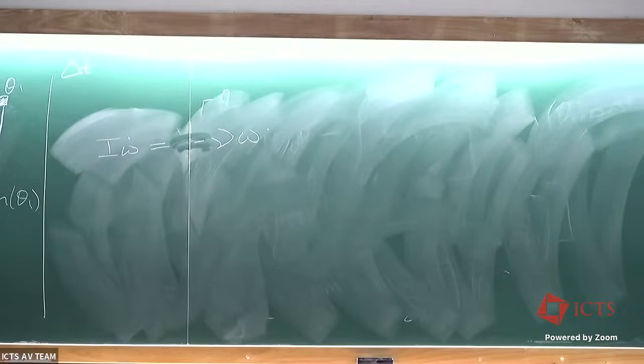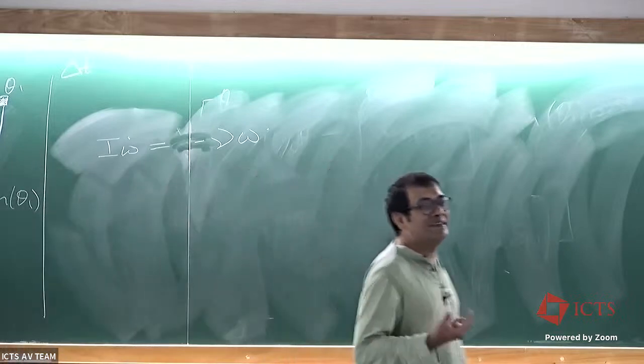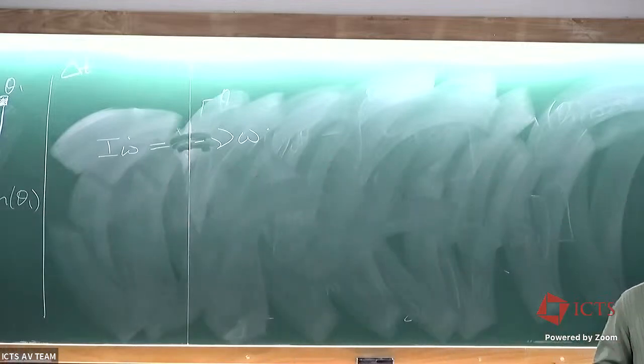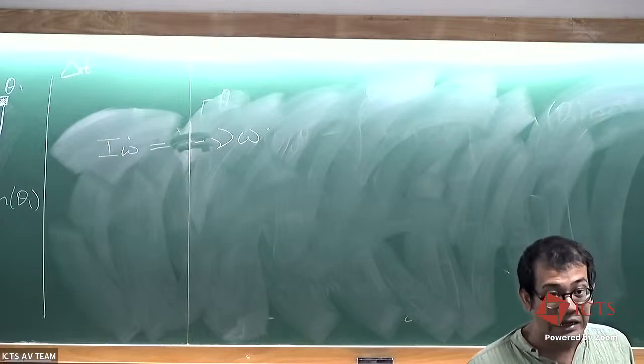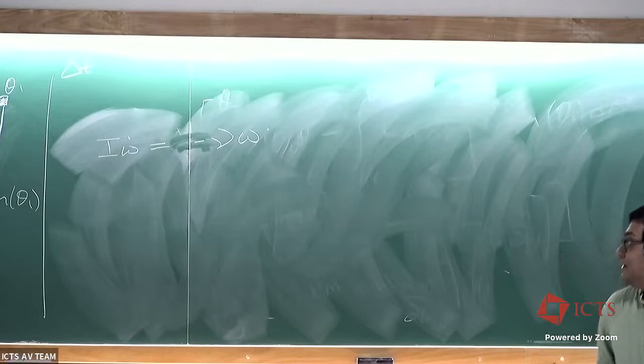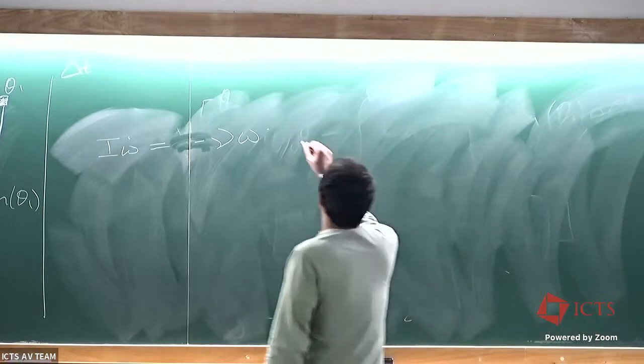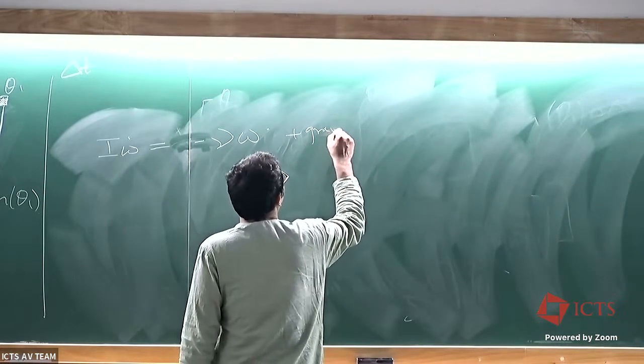Gravity, right? So plus you have the gravitational torque. And essentially, I'm trying to convert this problem into a problem of a pendulum, which is something that most of us know how to handle. So plus gravitational torque.